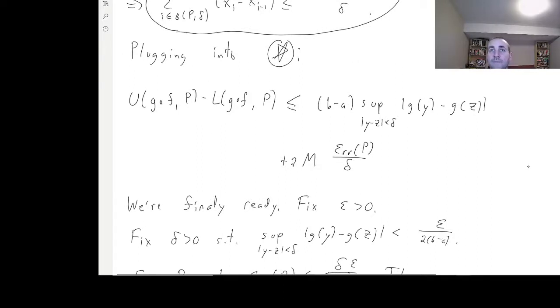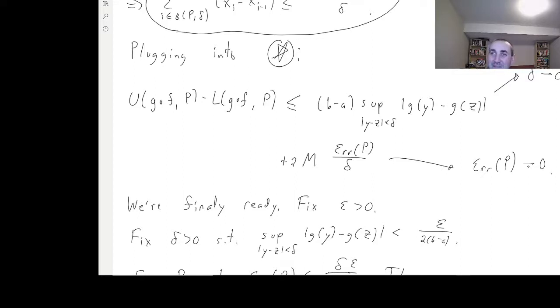And I end up with the following: the upper bound of g composed with f,p minus the lower bound of g composed with f,p is less than b minus a times this supremum plus 2 times M times the error of p divided by delta. And now I'm happy because I can make this term go to 0 by letting delta go to 0, and I can let this term go to 0 by letting the partition get good, that is, by letting the error go to 0.